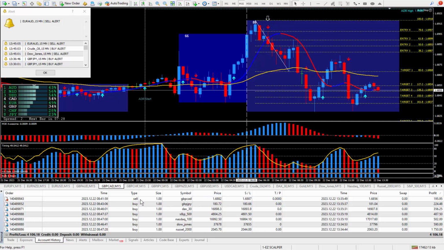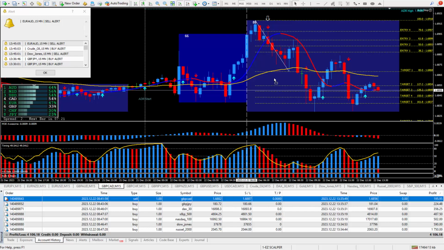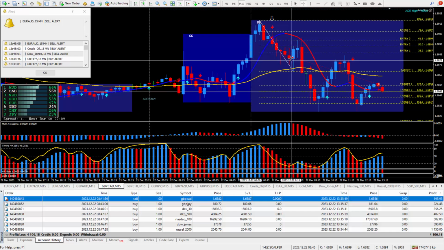So let's see first off where I got in. This is the only trade that I sold. All the rest I bought. So let's run a check. I knew that it was going to do a slight pullback. I know exactly where it should be going. As I mentioned, one of these entries. Not a big deal.